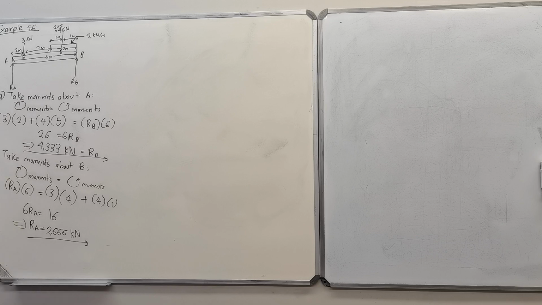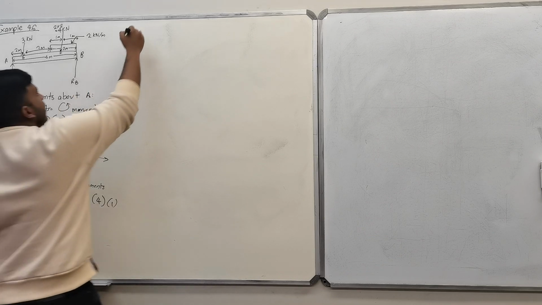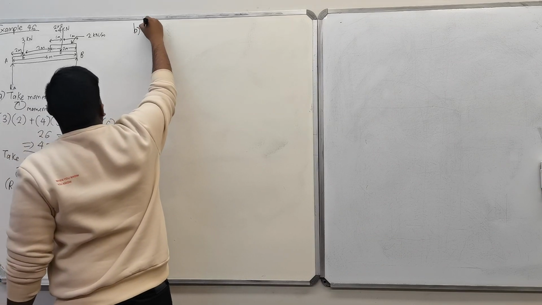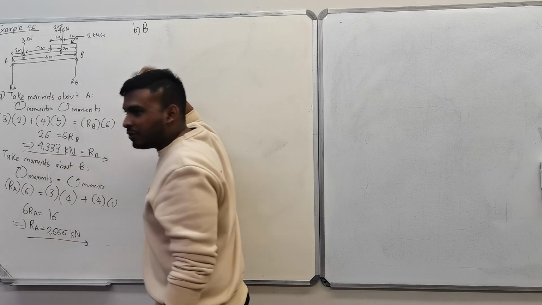Then they tell you, calculate the bending moments at A, B, C, well, small b and then big B, right? I'm just doing this for the first few times, after this you must remember it.